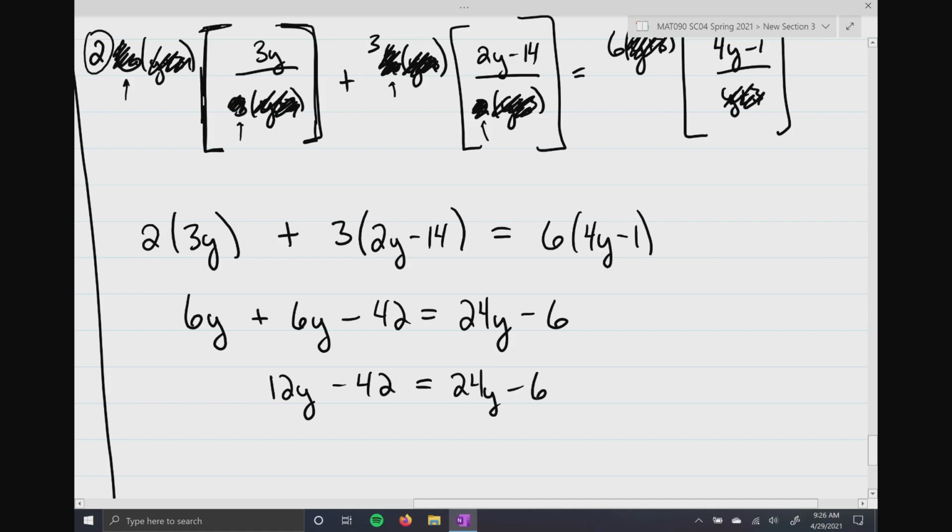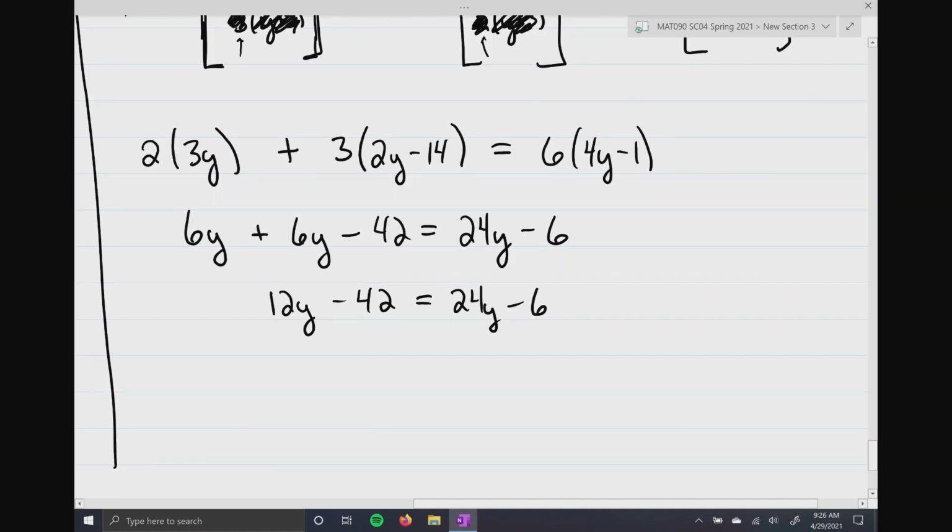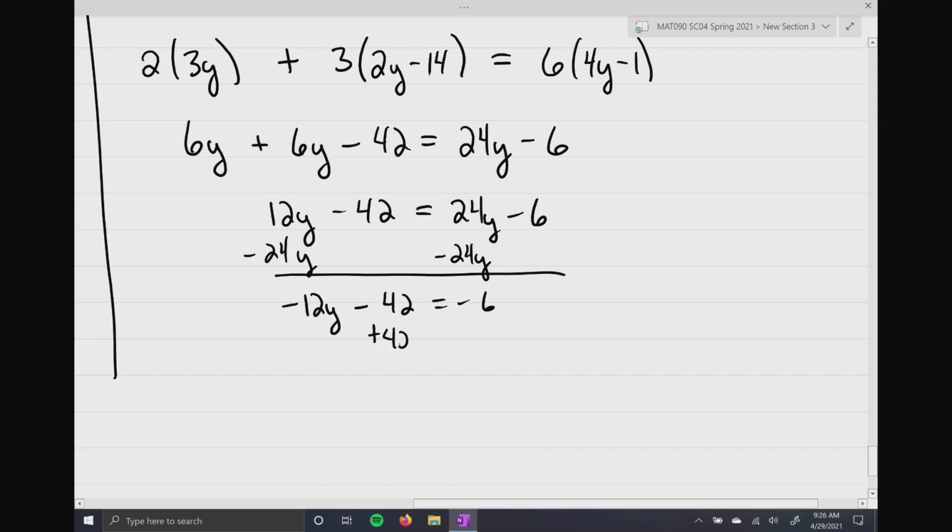24 minus 6. From here, I'm going to get my variable terms together, constant terms on the opposite side. So I'm going to subtract 24y because I want to. That's going to give me negative 12y minus 42 equals negative 6. I will add 42 to both sides.